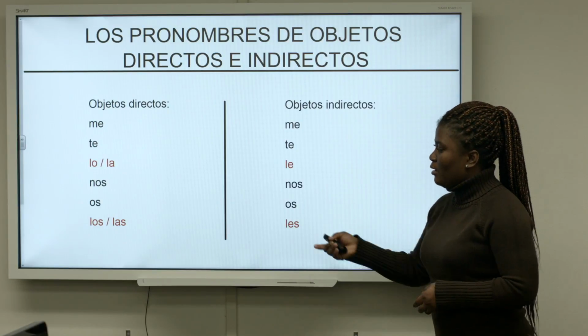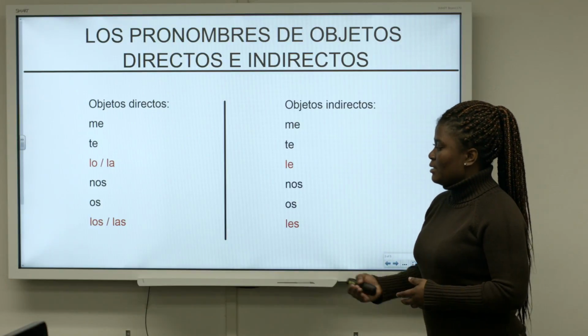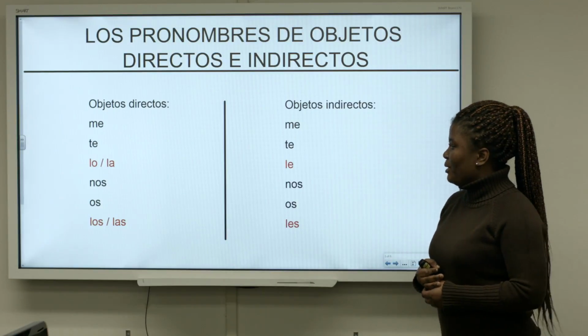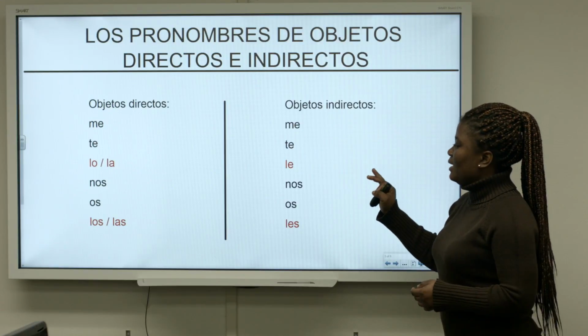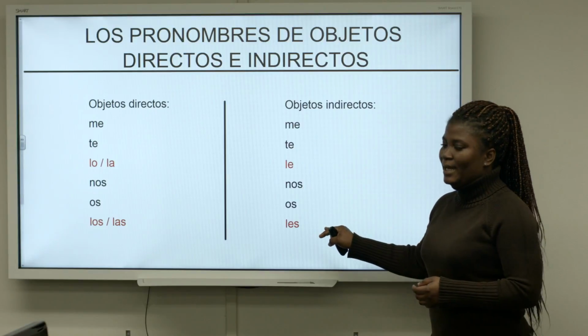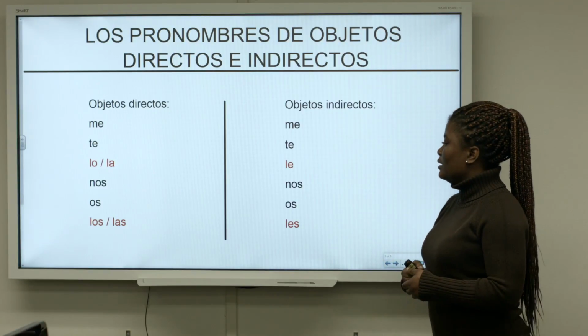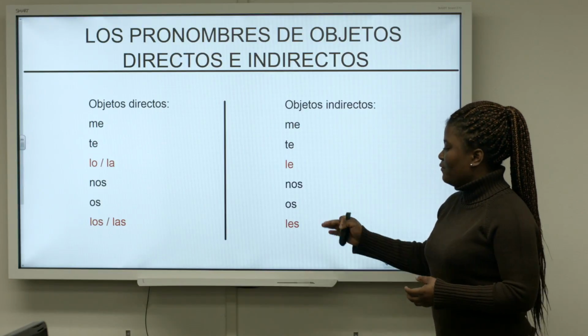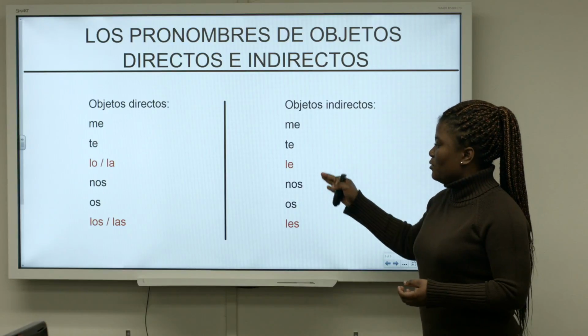Los is the plural for masculine objects, and las for feminine ones. For indirect object pronouns, we have me, te, le, nos, os, les. So le is for both males and females, singular, and les for male and female, plural.